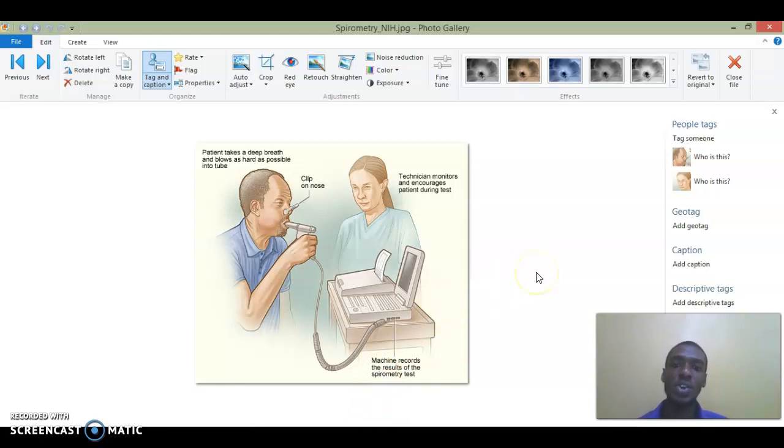So a spirometer is used to measure vital capacity, and this machine can tell us many things about us. You would have looked earlier in the previous video at things that affect the breathing rate.